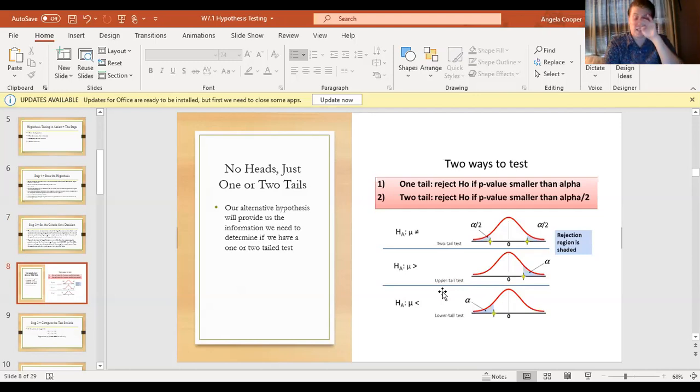What this means is when we graph it on a distribution, with a greater than, like this second one down here, the only area we're looking for to be significant is the shaded region right there. When it's a less than alternative hypothesis, the only area that would be significant is this area here, to the left of this little star.